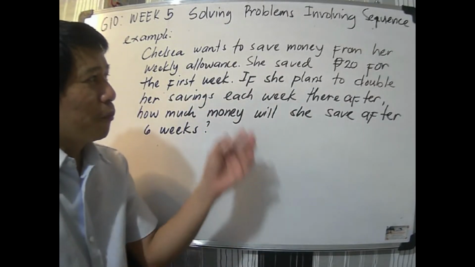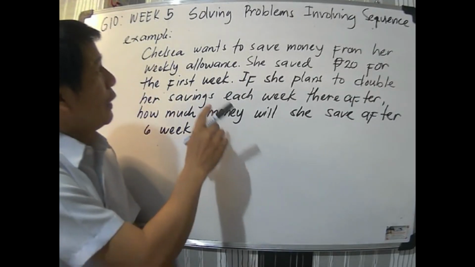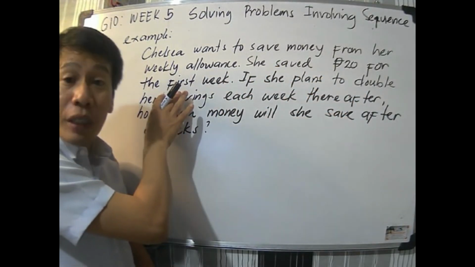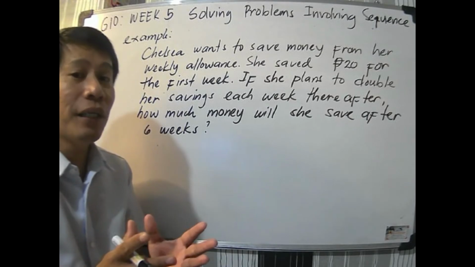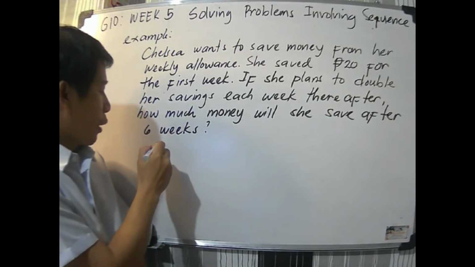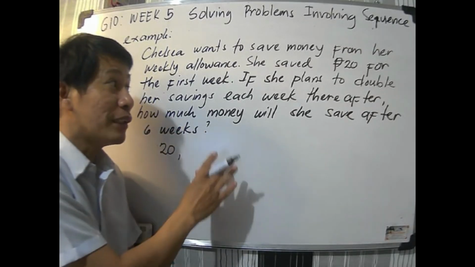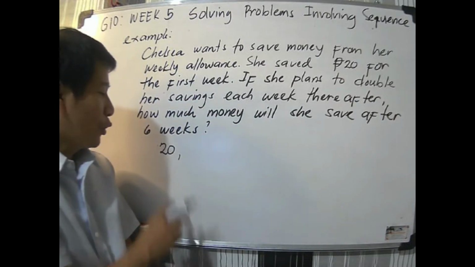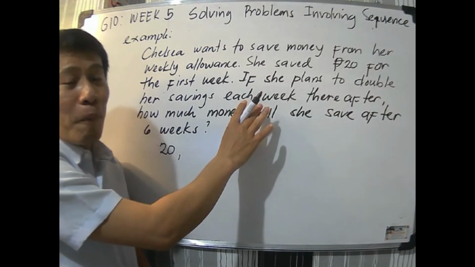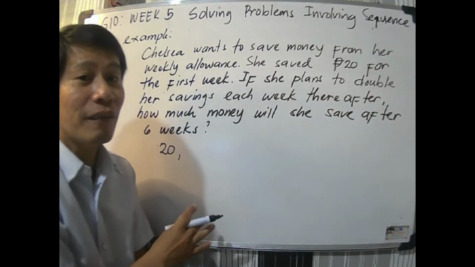Okay, so based on the information given in the problem, Chelsea saved 20 pesos for the first week. So that will be the first term, right? So you may write it. So 20, that's the first week na savings ni Chelsea. And then, sabi dito, if she plans to double her savings each week thereafter.